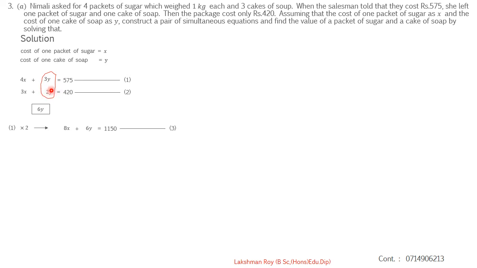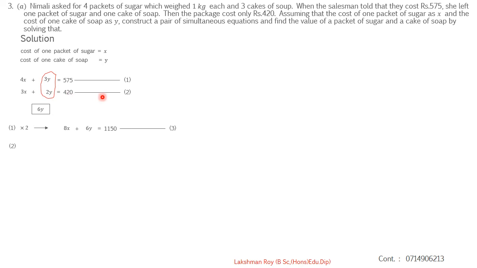Now remember the equalizing coefficient, don't forget that. Then I'm going to make 2y into 6y. What is the number I should multiply by 2y to make 6y? That is 3. By 3 you have to multiply 3x and also 2y and also 420.